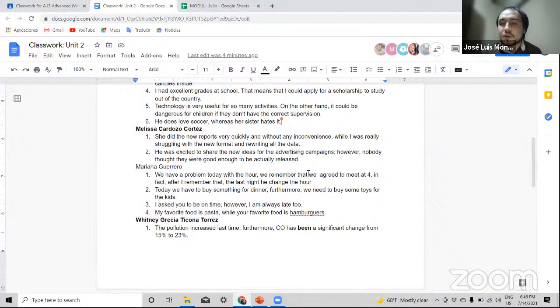Even if they are not too complex, if you believe that a period is going to work better because it's going to separate the first idea from the second one, and it's going to give that first thought, and this is my second contrasting thought, then use a period as well. But if you believe that it's just part of a fluent idea that you are writing, then a semicolon will be more than enough. Both are correct, all right? Both are going to be correct. Any other questions or comments? Let me know, please.